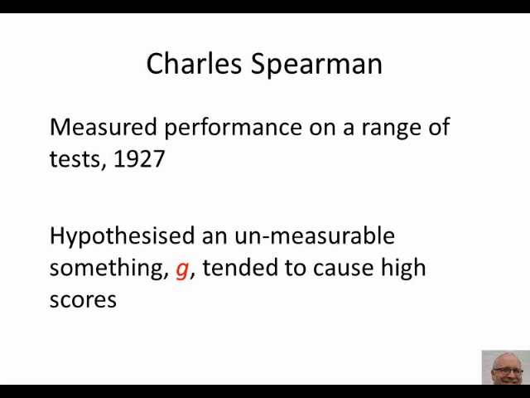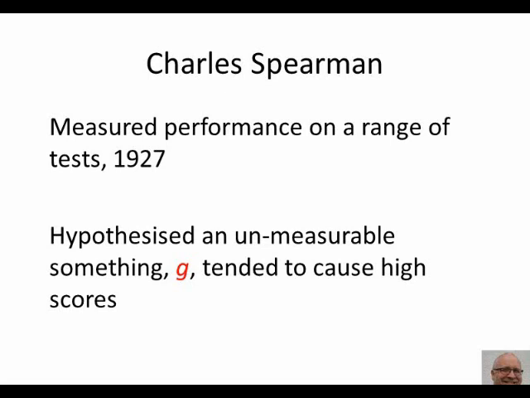If you did well on logic puzzles, it's because you had a high G, general intelligence, and a high something suited for logic puzzles. So what he did was he used factor analysis on people's scores on lots of different tests and identified the contribution and the size of this factor G.